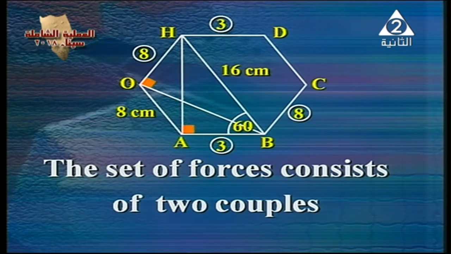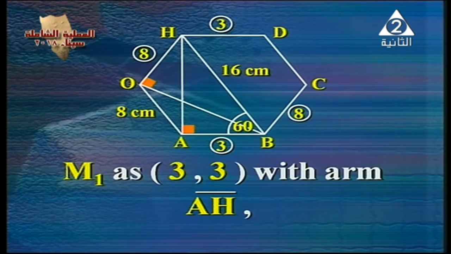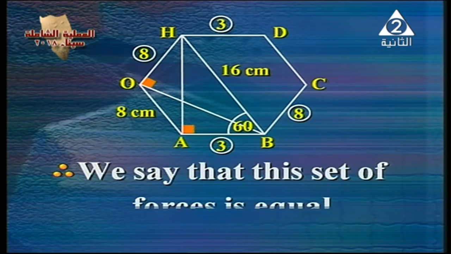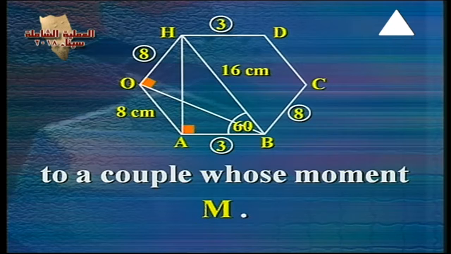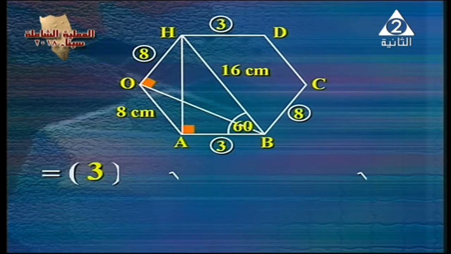The set of forces consists of two couples. M1 is 3, 3 with arm AH. M2 is 8, 8 with arm BO. We say that this set of forces is equal to a couple whose moment is M, then M equals M1 plus M2.